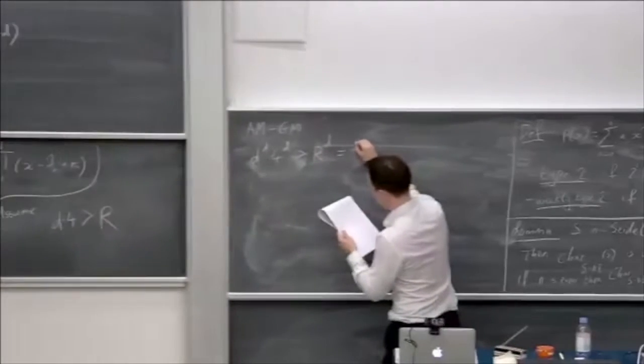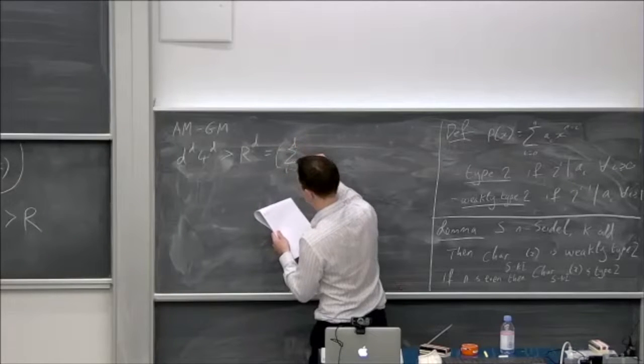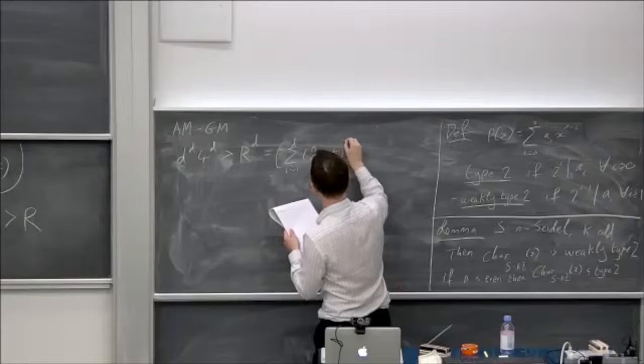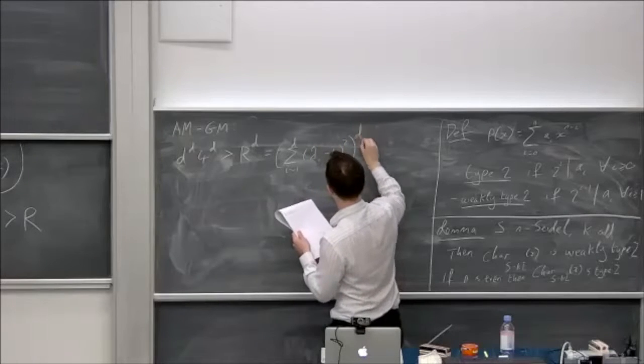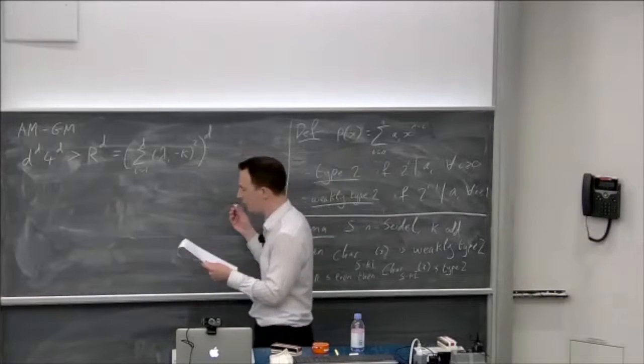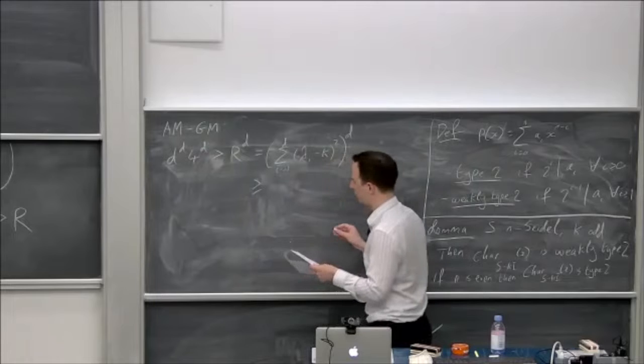So r to the d is equal to this sum, i goes from 1 to d, of lambda sub i minus k squared, to the power d, taking just the d power of the stuff. And now we finally use the AM-GM inequality.